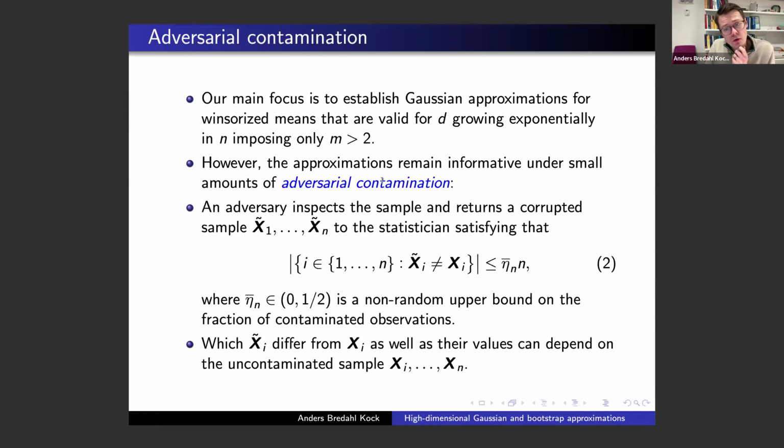Okay, so I mentioned 2 minutes ago adversarial contamination because the trimmed and Winsorized means are robust to this. What do I understand by an adversarial contamination? Well, by this I mean the following. Before getting access to my data, x1 up to xn, an adversary is allowed to contaminate it. In particular, an adversary can inspect the sample and return a corrupted sample, which I denote by x1 tilde up to xn tilde.